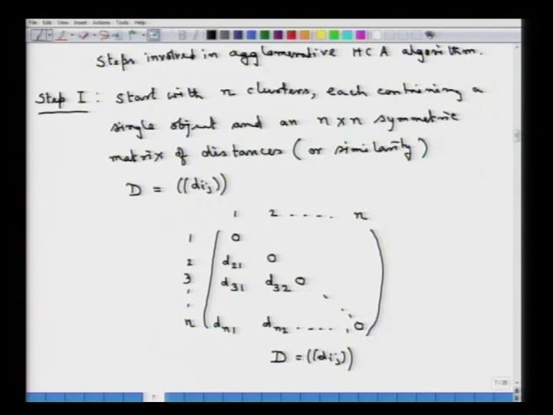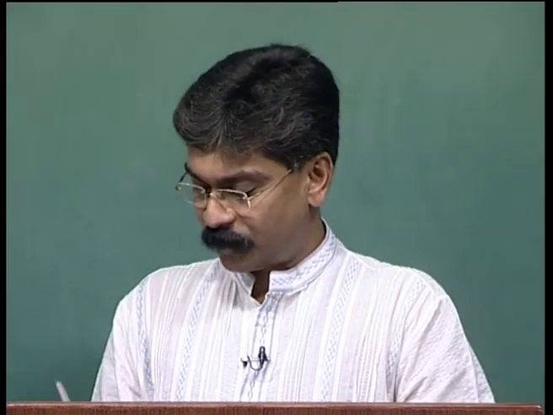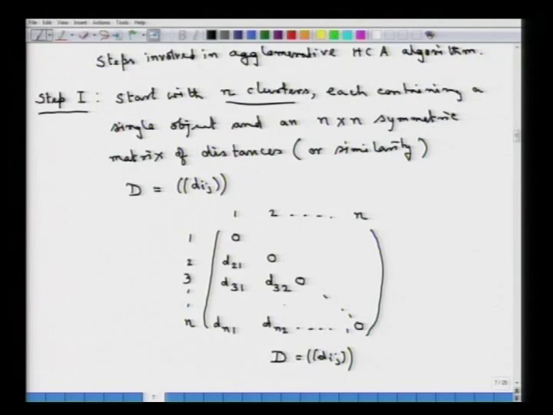So, we start with n clusters, each containing a single object, and a distance matrix that we are going to compute from the multi-dimensional data. Once we have the distance matrix, we move on to the second step of this agglomerative hierarchical clustering method. From this distance matrix, we will look at which two of these n objects are closest to one another.